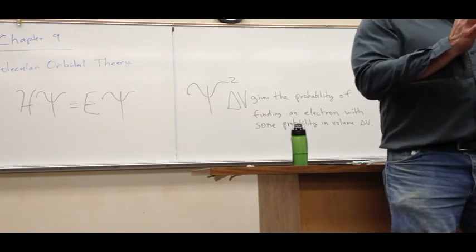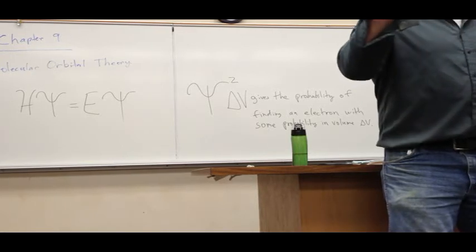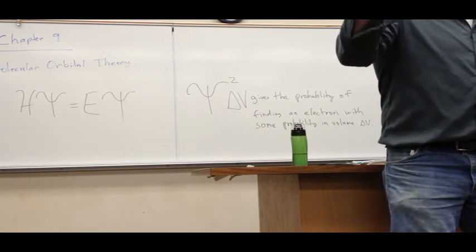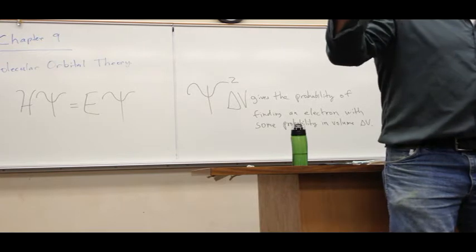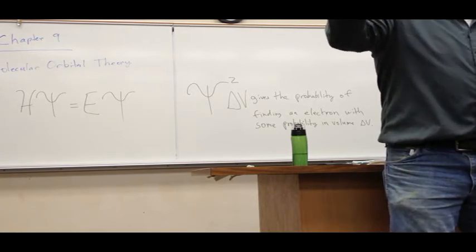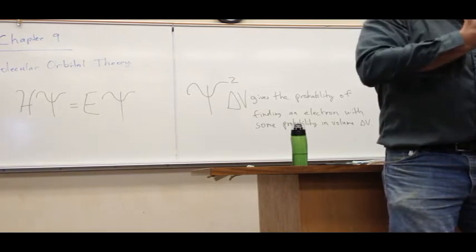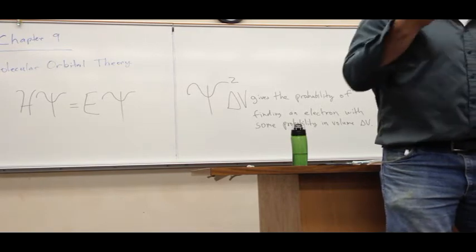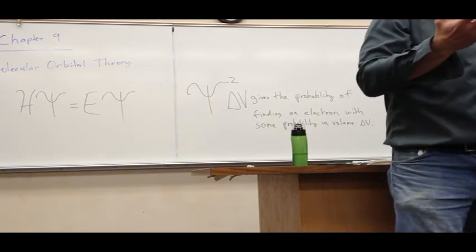But what it looks like is, you know what a 1s orbital looks like. If you take 2 1s orbitals and you add them together, you get a different orbital. It's called a molecular orbital.